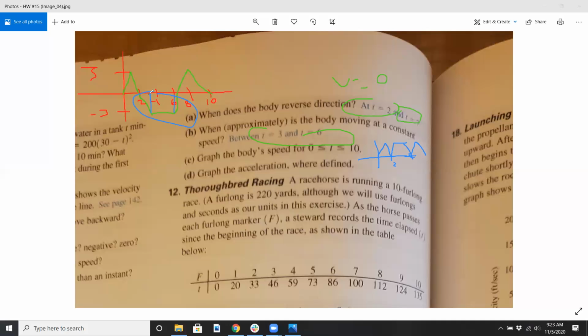And then graph the acceleration. The acceleration is not going to be continuous because we have corners, so we're not differentiable at the corners. So graph the acceleration, that's a great question. I love that question. Let's use black instead, it's a little easier to see. So it seems that this slope is going to be 3.